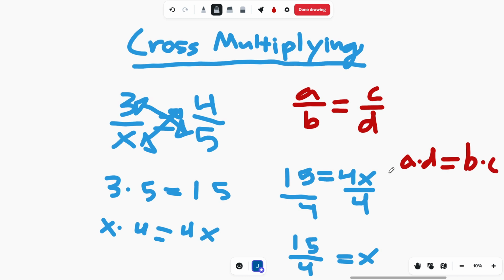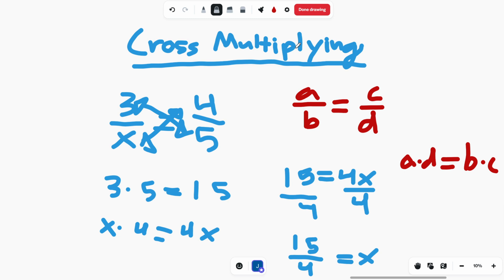So what we did over here, 3 was a, x was b, 4 was c, and 5 was d. And when we did that, we get 15 being the product of a times d, and 4x being the product of b times c. And then after we multiplied those and we had our equation, all we did was simply solve for the variable that we were missing. So that is what cross multiplication is. We're simply cross multiplying, and that helps us figure out our answer.